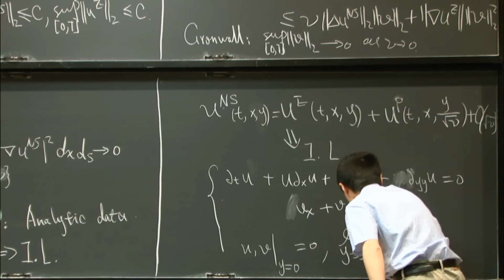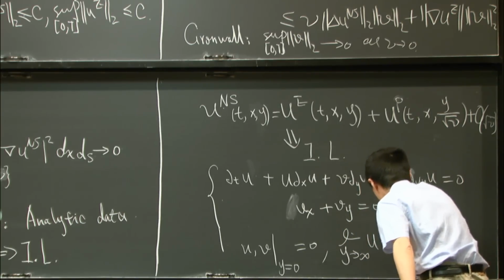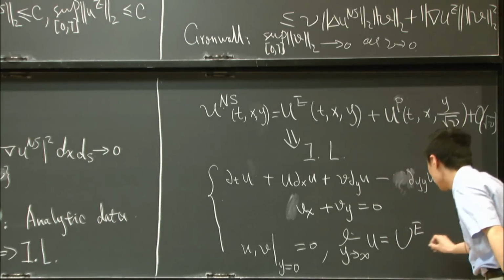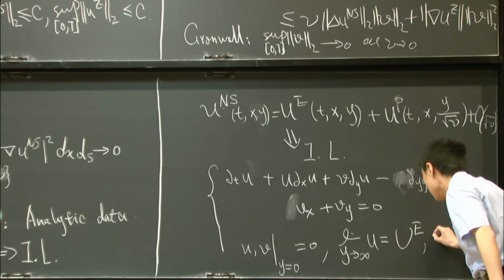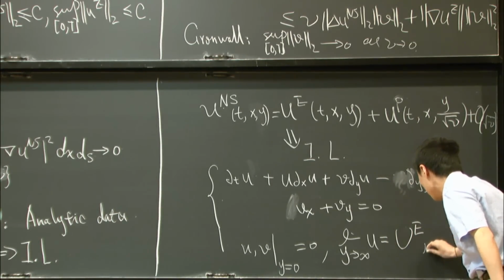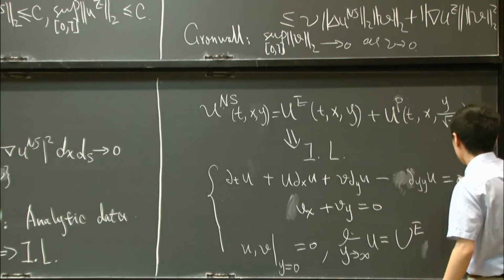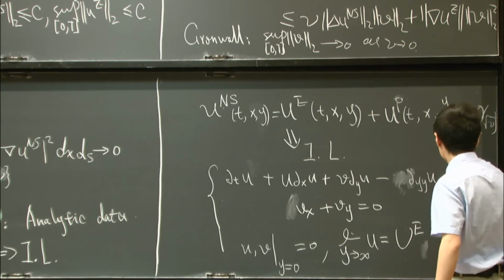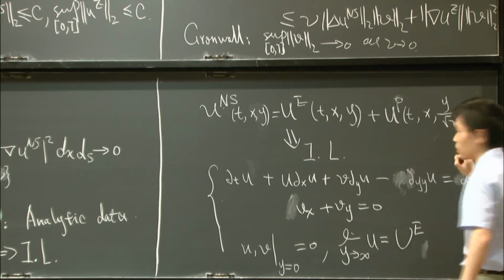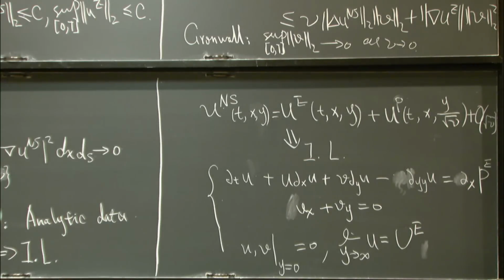This Prandtl solution is equal to this Euler. Okay, that's good. And sorry, here I messed up. There's ∂x p, and this is the Euler pressure. Yeah. Okay. Yeah, that's this Prandtl equation here.